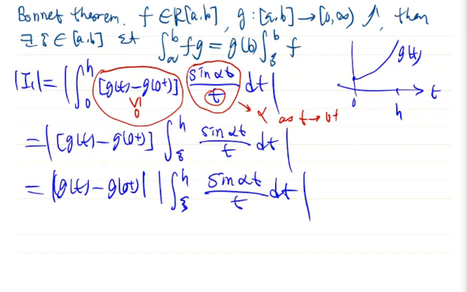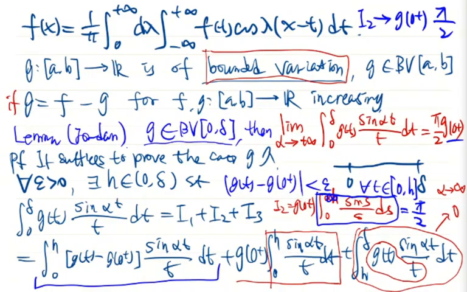But the first factor is less than epsilon by our choice of h, because c is a point in [0,h].